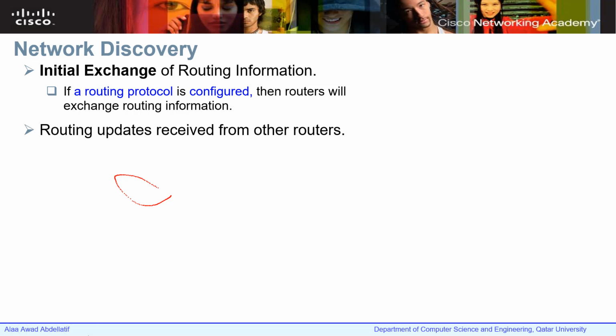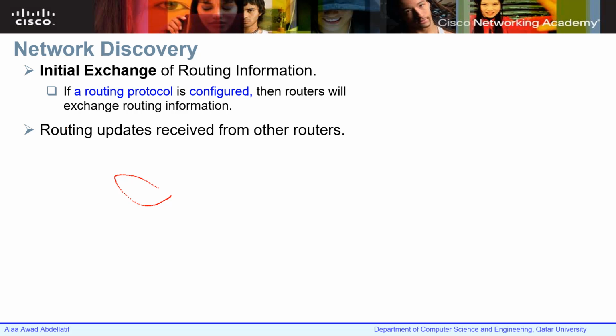Okay. Then the second step is to exchange this initial information. So if the routing protocol is configured, then the router will exchange this initial information. After knowing my directly connected networks, I will start the second step to exchange information with my neighbor routers.